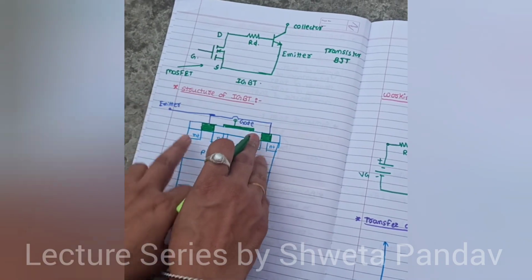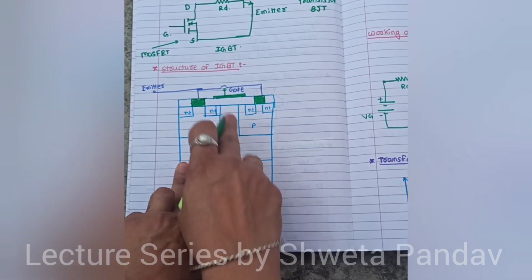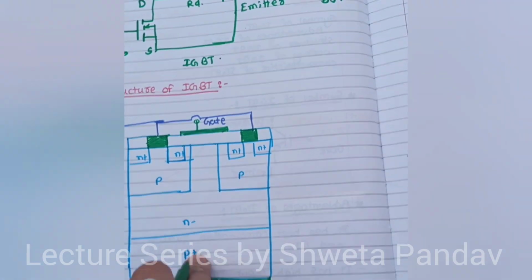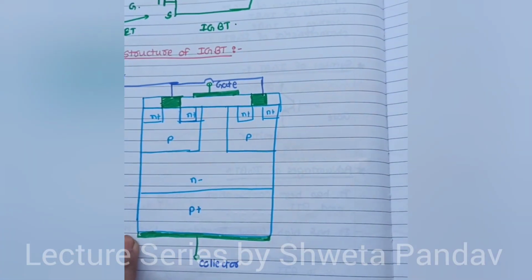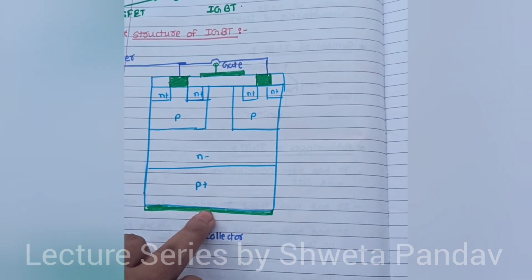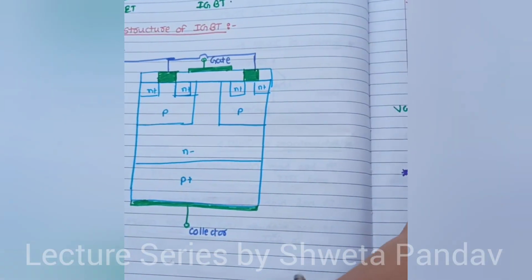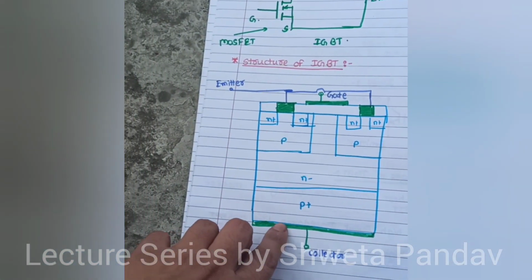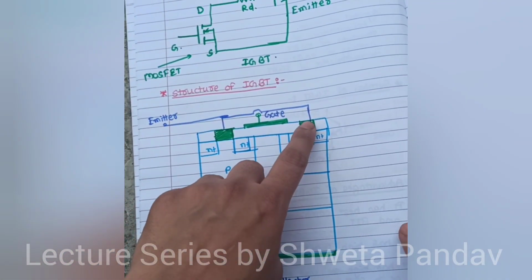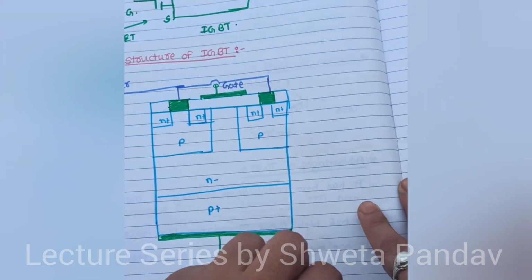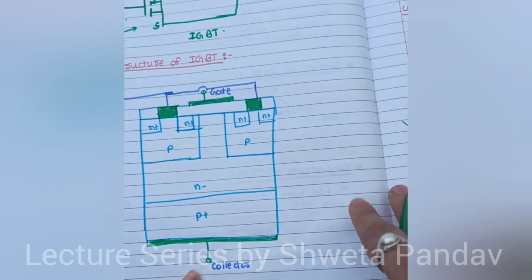Now let us see in brief the structure of IGBT. In this diagram I have drawn the structure of IGBT. Here the green color points are the metallic contacts. We have one metallic contact here, here also, and here also. As we have seen, IGBT has three different terminals.